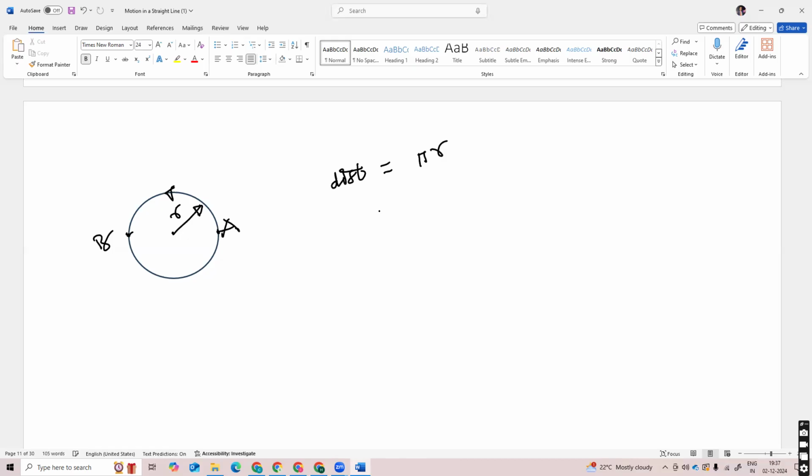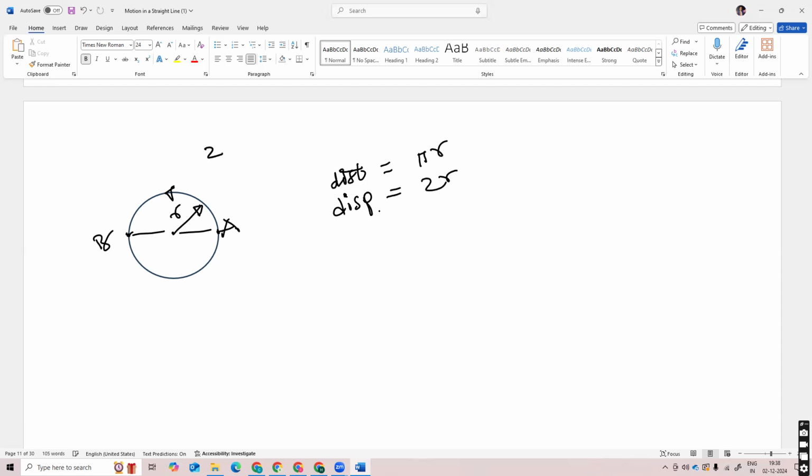Whereas displacement is the diameter of this circle, so it is 2r.